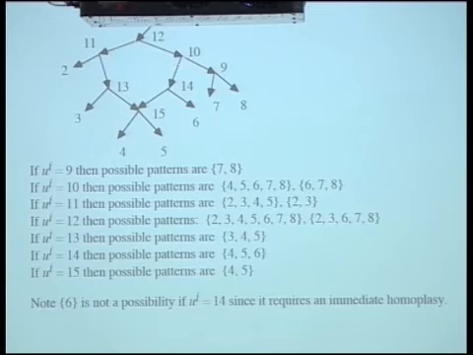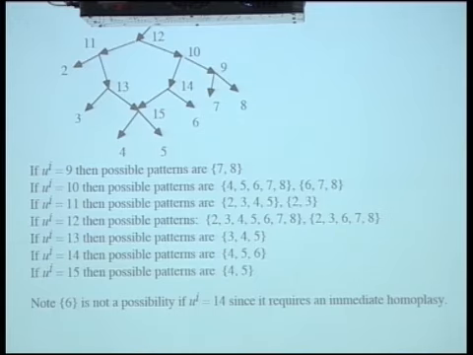Well, every descendant could have that character, and that would give you 4, 5, 6, 7, and 8. On the other hand, there's another possibility. If it originated at 10, it would have to show up in 9, and then 7 and 8 because those are normal. It would have to show up in 14, and then 6 because it's normal, and maybe it didn't get inherited at 15. So you'd have a second possible pattern of where the character could show up.